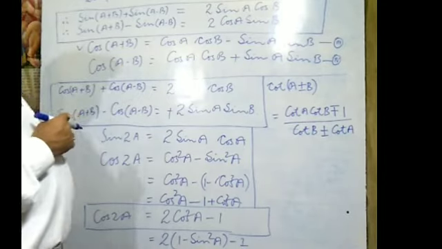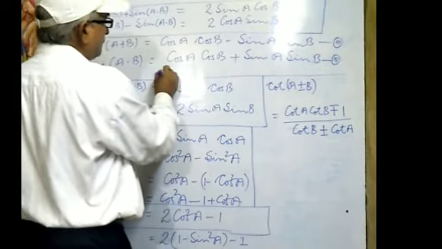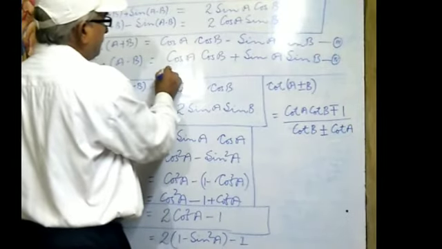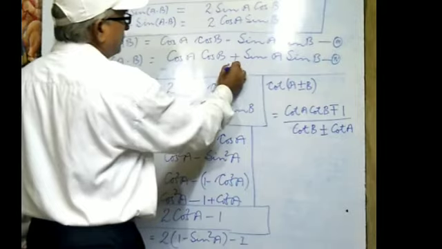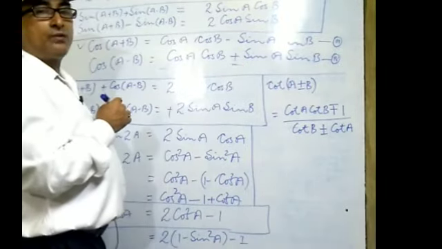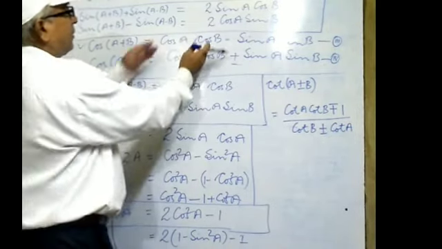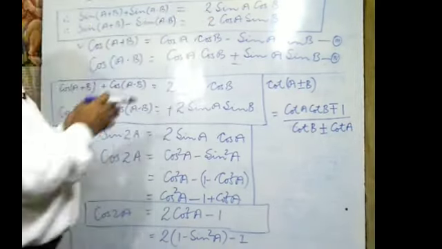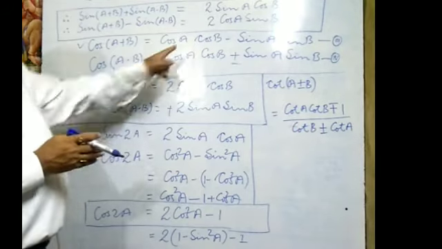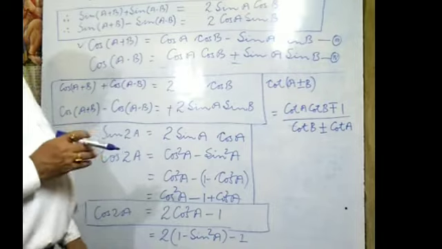If we are subtracting, the sign will be changed. In case of subtraction, we change the sign. Now same thing plus, same thing minus, so these terms cancel and become 0.